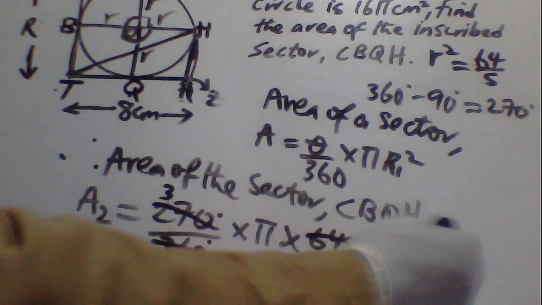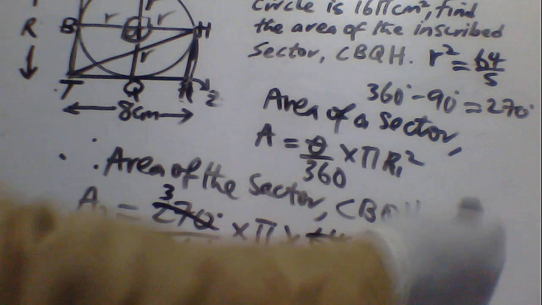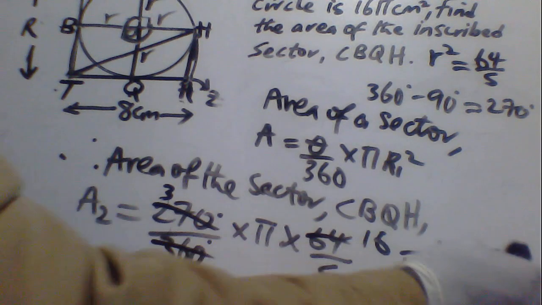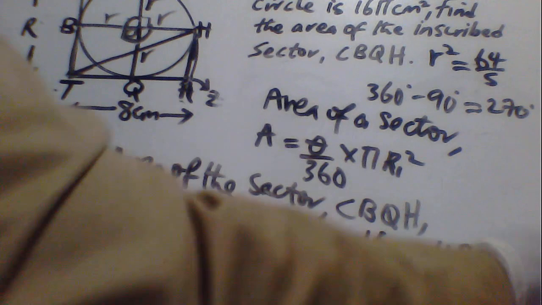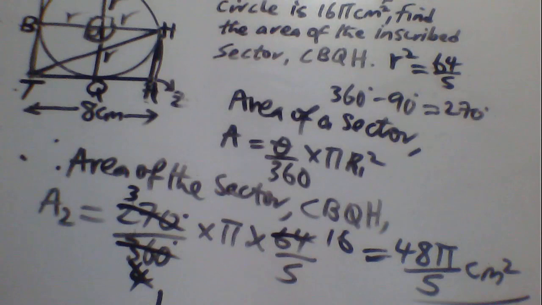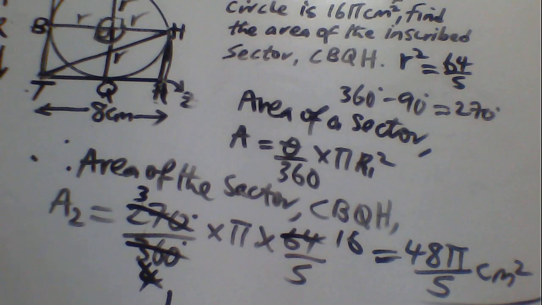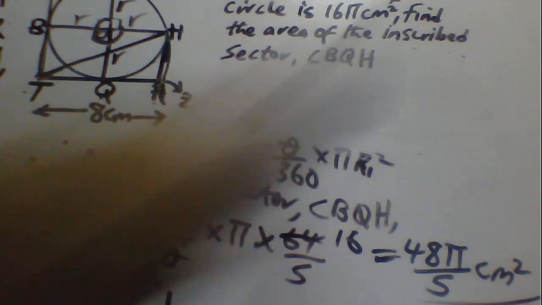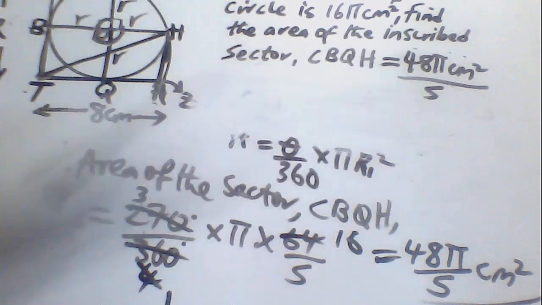So you have now 3 times 16 will give us 48. Remember, pi over 5 cm squared, and that is the required area. So the required area of the sector CBQH is equal to 48 pi cm squared divided by 5.